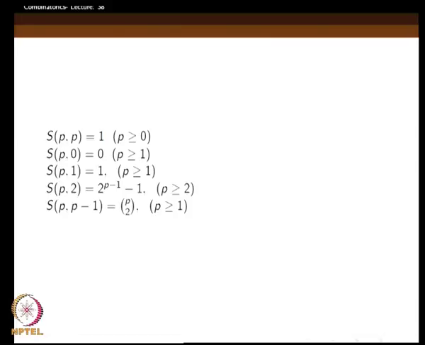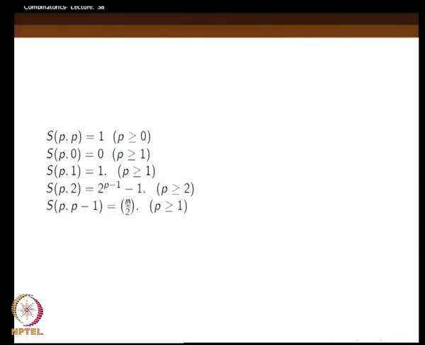Now this will work for small cases too. For instance, if you take P equal to 1, there is just one object, and it should be put into 0 boxes, so the count is 0.